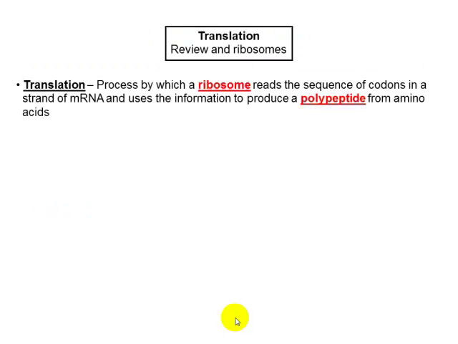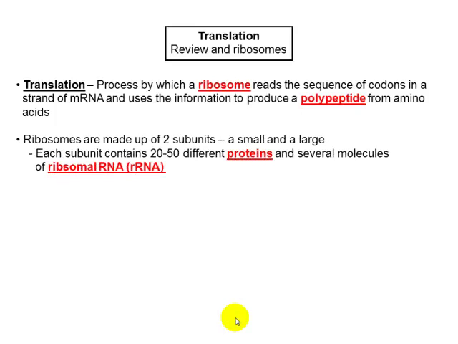Now, getting into the translation. When you get translation, you need other types of RNAs. In this case, you have ribosomal RNAs, and you have the ribosomes. But the ribosomes do not act alone. They also need other proteins that are complexed with the RNA.